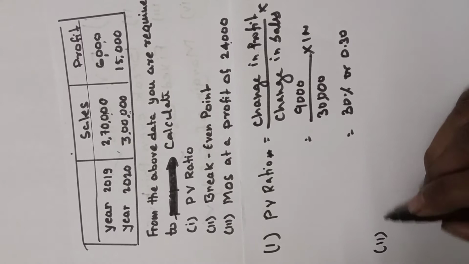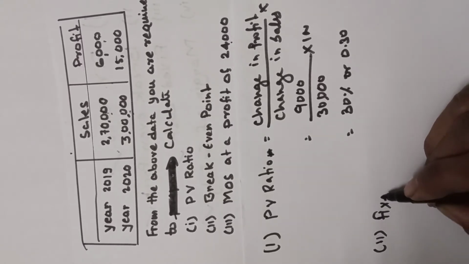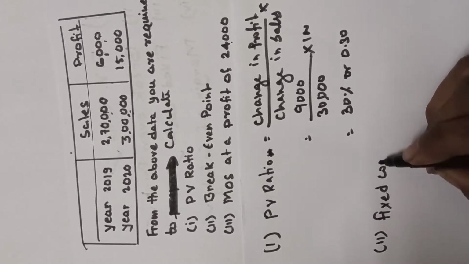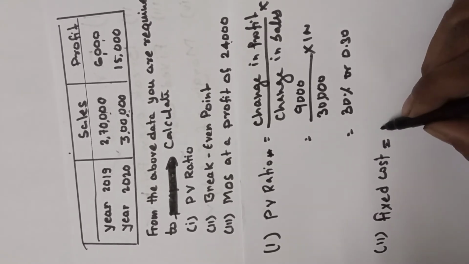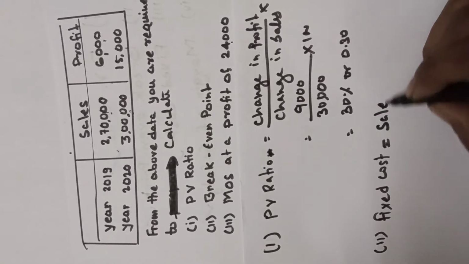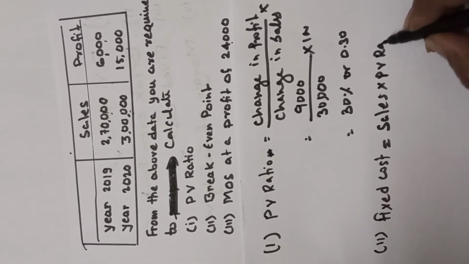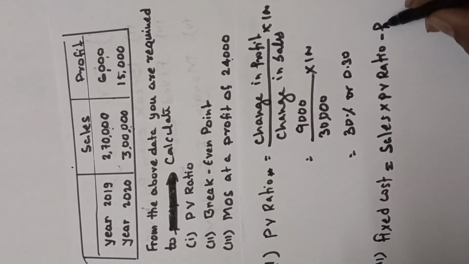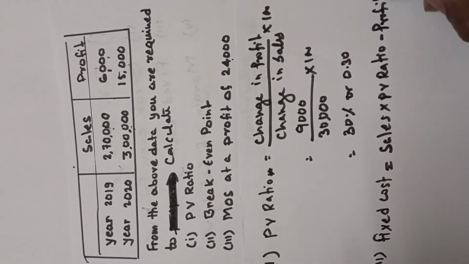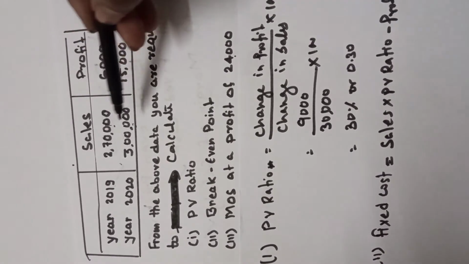Before that we have to calculate fixed cost first. The fixed cost formula is sales into PV ratio minus profit. You can take any year's sales, 2019 or 2020.